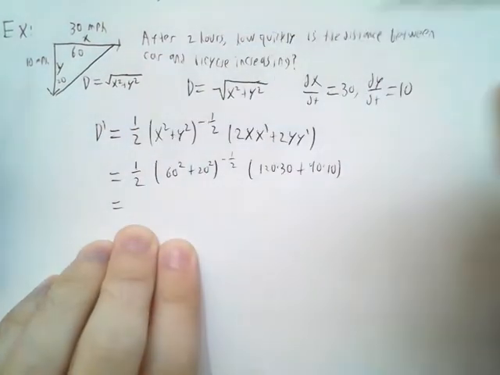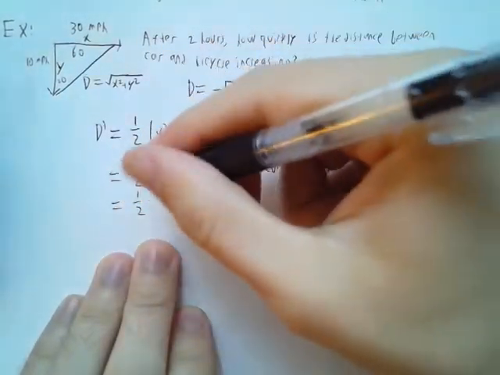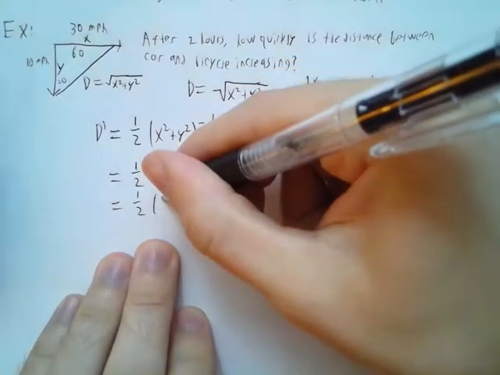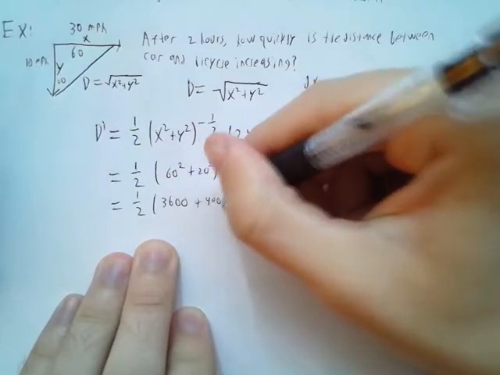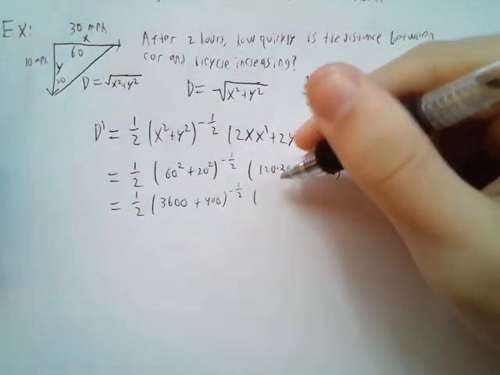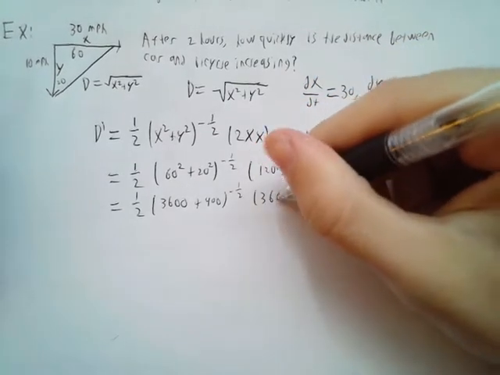We get 1/2 times (3600 plus 400) to the negative 1/2 times 3600 again, plus 400.